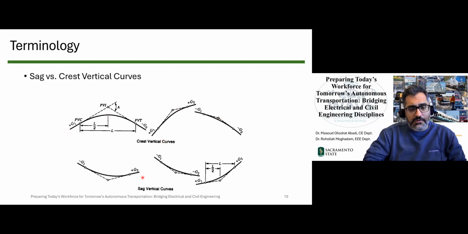And for the sag curves, we have the PVI below the vertical curve itself. The design, especially when it comes to safety, is very different when we talk about sag curves versus crest curves. What is that difference? We will talk about it in a few minutes.